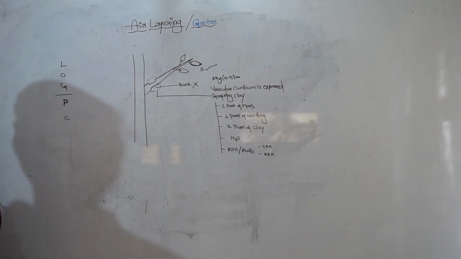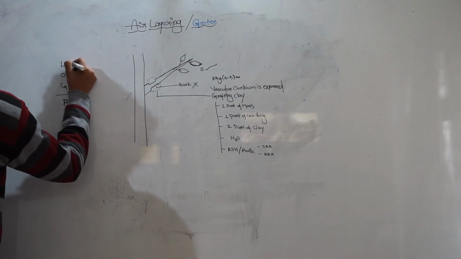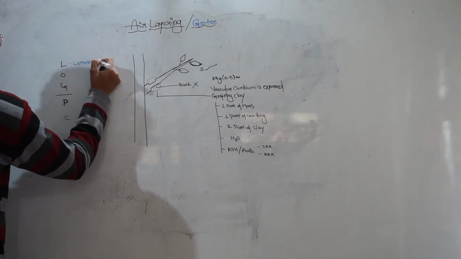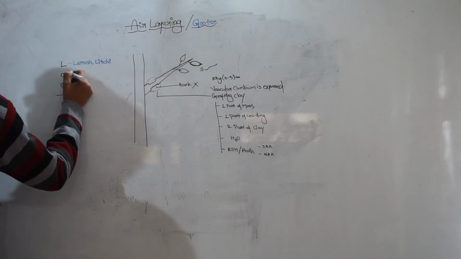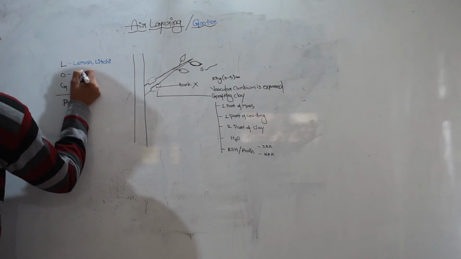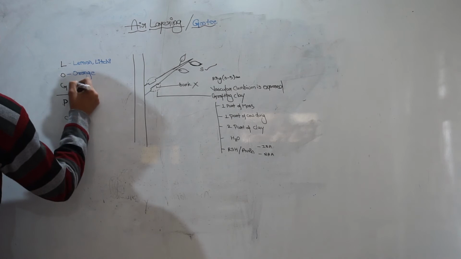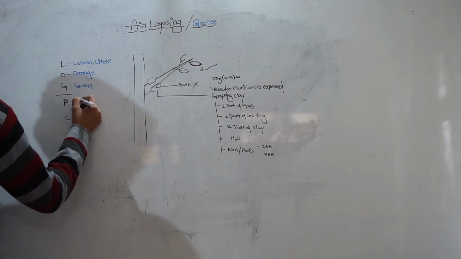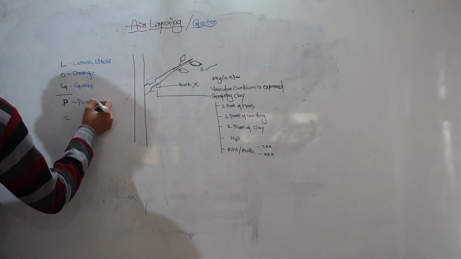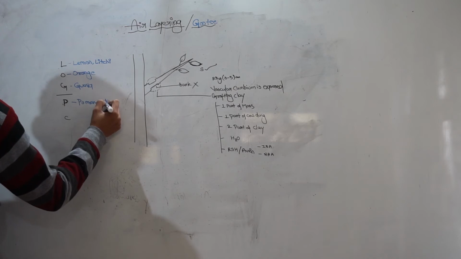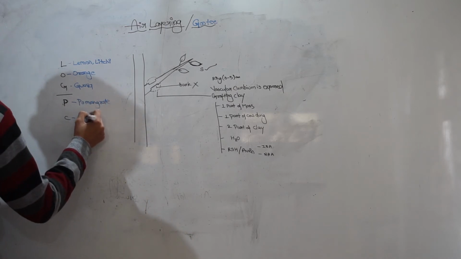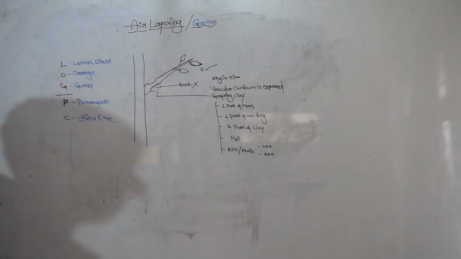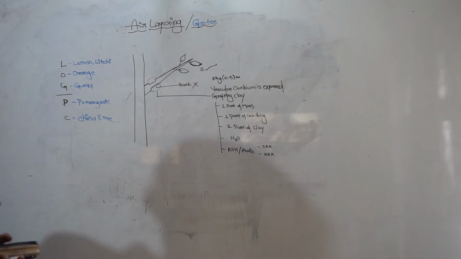This is the code word, and the examples are lemon, lychee, orange, guava, pomegranate, and China rose. These are the examples associated with air layering, also known as gootee.